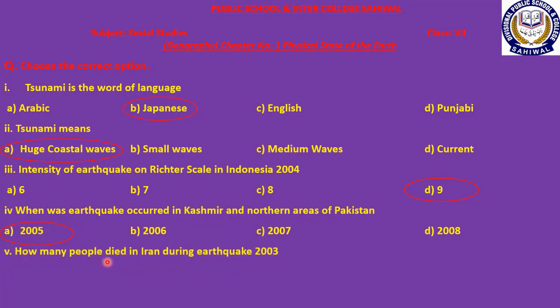How many people died in Iran during earthquake 2003? A. 23,000, B. 30,000, C. 31,000, D. 32,000. So correct answer is 31,000.